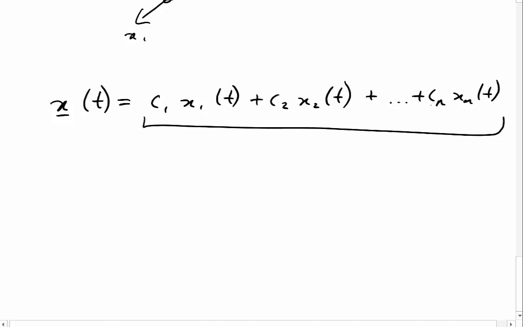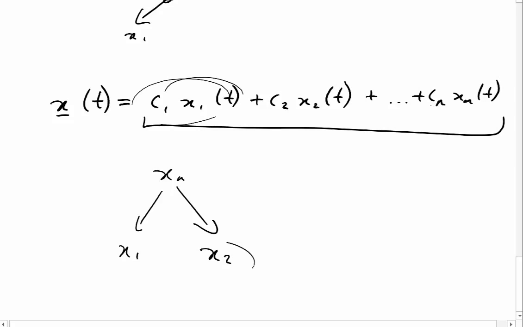If, say, for example, xn could be written in terms of x1 and x2, well, therefore, we can break this xn down into a bit of x1 and a bit of x2, and add that bit of x1 to x1 and add that bit of x2 from xn to x2, okay?